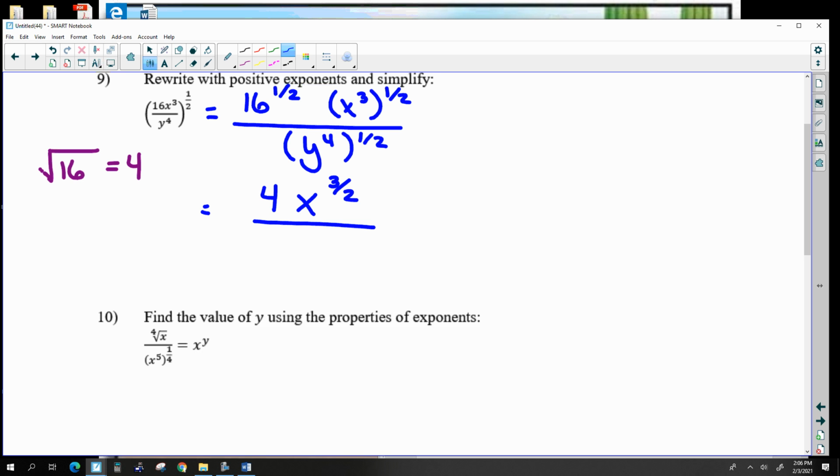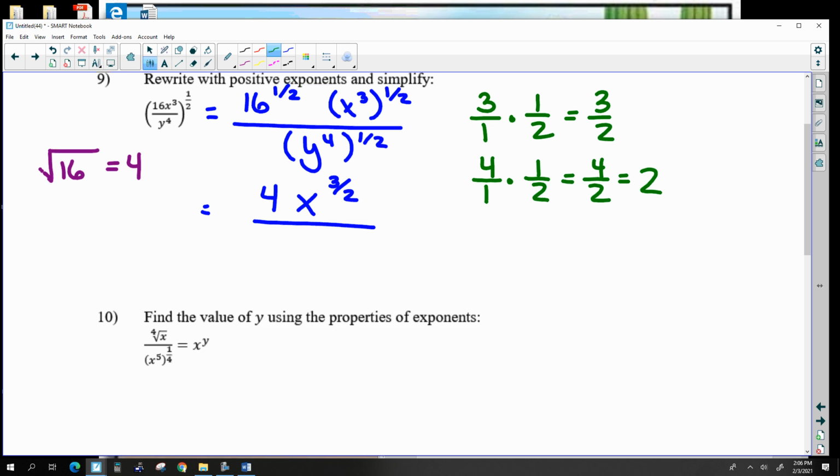Y, the top is, so here's what I did. 3, or aka 3 over 1, times 1/2 is 3 over 2. In the denominator, I have 4, aka 4 over 1, times 1/2. So that's 4 over 2, which is straight up the number 2. Okay, so this could be the answer right here.